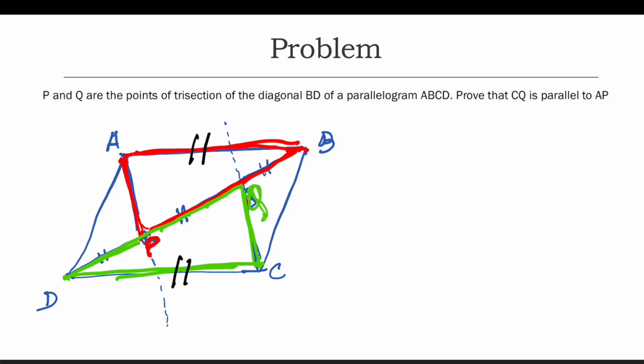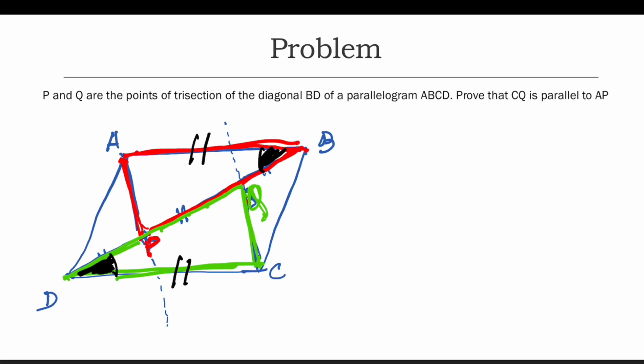What is the second thing that we know for sure? This angle is equal to this angle, right? These are alternate angles. AB and CD are parallel sides, BD is a transversal cutting them, so alternate angles will be equal. So two things we have got.